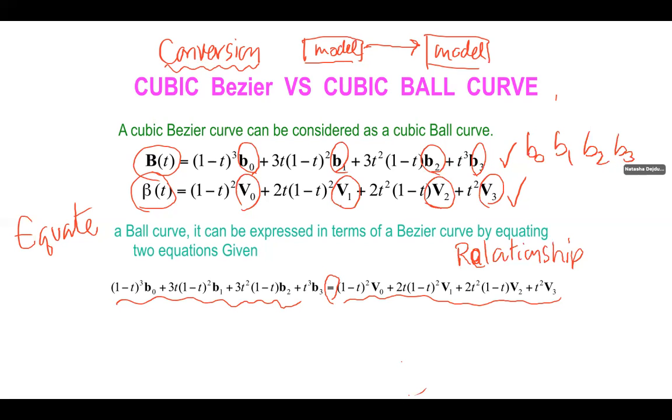It is given a set of Bezier control points, and then we want to find a sequence of cubic ball control points. We have 4 control points that will generate exactly the same curve as the Bezier curve, the same shape. So we have to find 4 unknowns, and we have 4 known variables. So we have to equate and find the relationship.